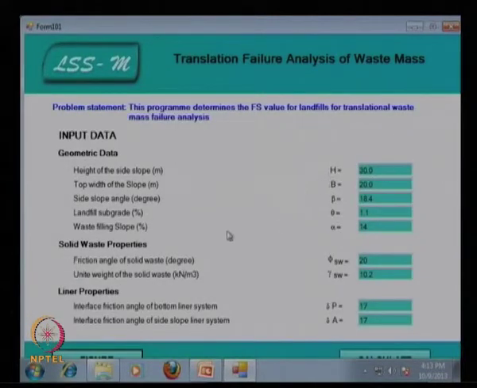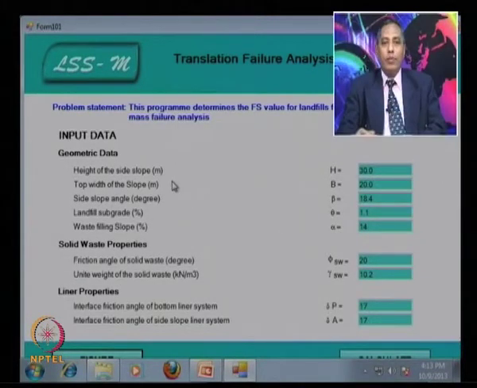So, in this program, the problem statement is: this program determines the factor of safety value for the landfill for translation waste mass failure analysis. The input data, that is geometric data: height of the side slope H is equal to 30 meter, top width of the slope B is equal to 20 meter, and the slope angle beta is equal to 18.4 degree.